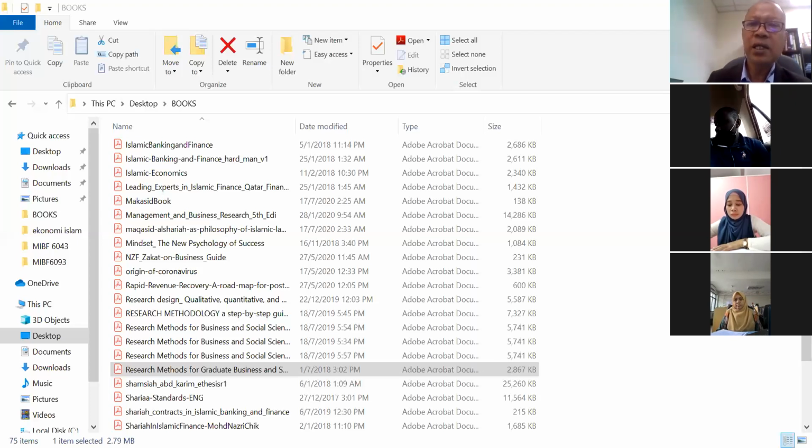So previously they were able to pay zakat, now they are not able to pay zakat. So you have to start with a real life problem. Then from the real life problem, you formulate the research questions, and then we try to design a research which can help to answer the research questions. So that is the applied research.